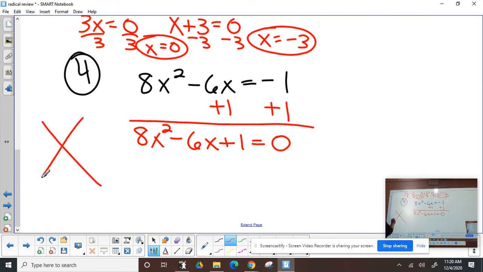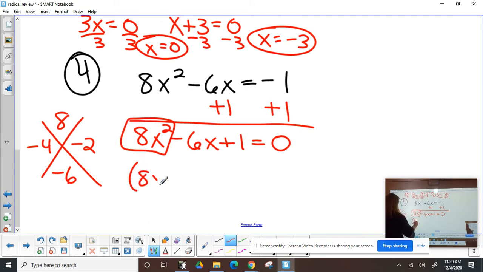Now I want to multiply 8 times 1 to get 8 and negative 6 on the bottom. Numbers that multiply to 8 and add to negative 6 are going to be negative 4 and negative 2. Those are those magic numbers. I break up the a value as 8x minus 4 and 8x minus 2.